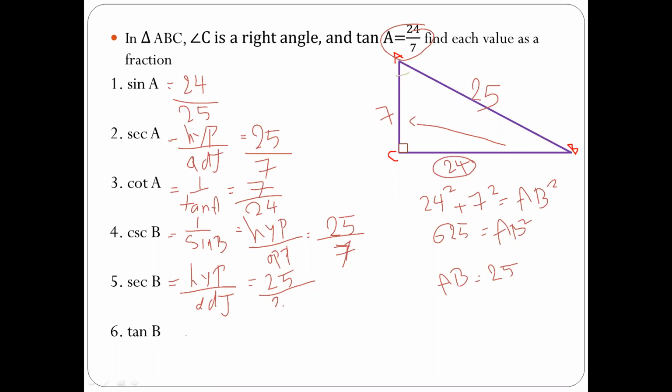It is 24. So 25 over 24. What about the last one, tan B? Tan is opposite over adjacent. What is the opposite to B? It is 7. What is the adjacent to B? It is 24. So the tan of B is 7 over 24.